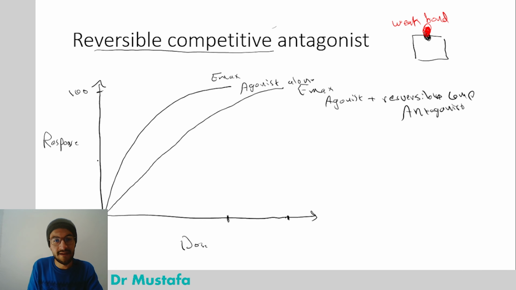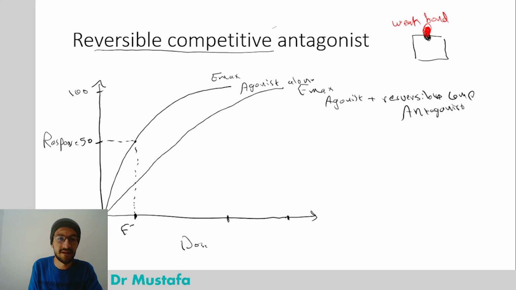Now the EC50. So we have here 100% of the effect. Here we have 50% of the effect. So the EC50 for the agonist is about here. EC50 is the concentration that achieves 50% of the effect.